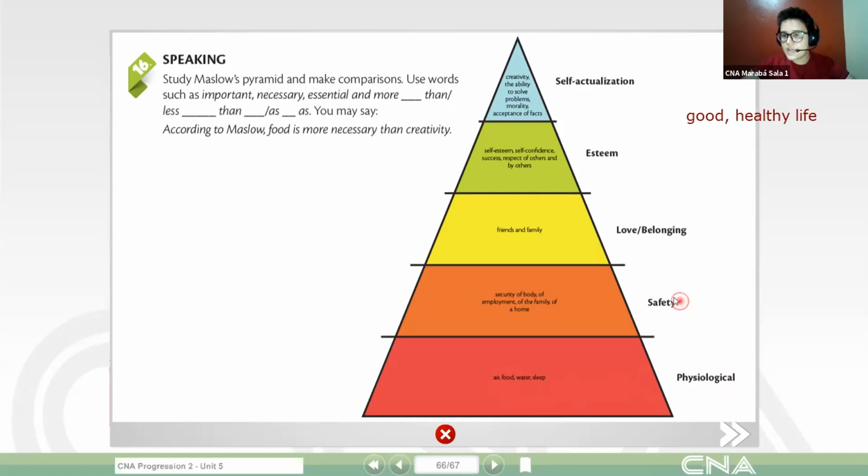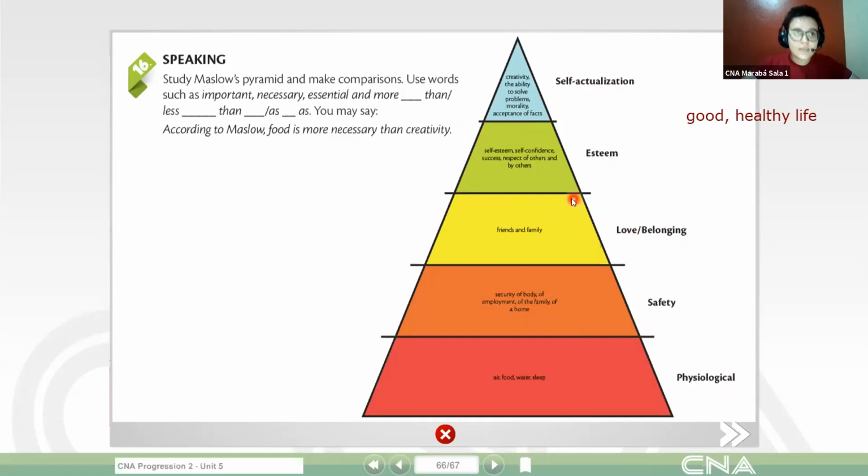Then we have safety, security of body, of employment, of the family, of a home. Next, we have love and belonging, friends and family. Esteem: self-esteem, self-confidence, success, respect of others and by others. And the last one, the least important, at the top of the pyramid, we have creativity, the ability to solve problems, morality, acceptance of facts.